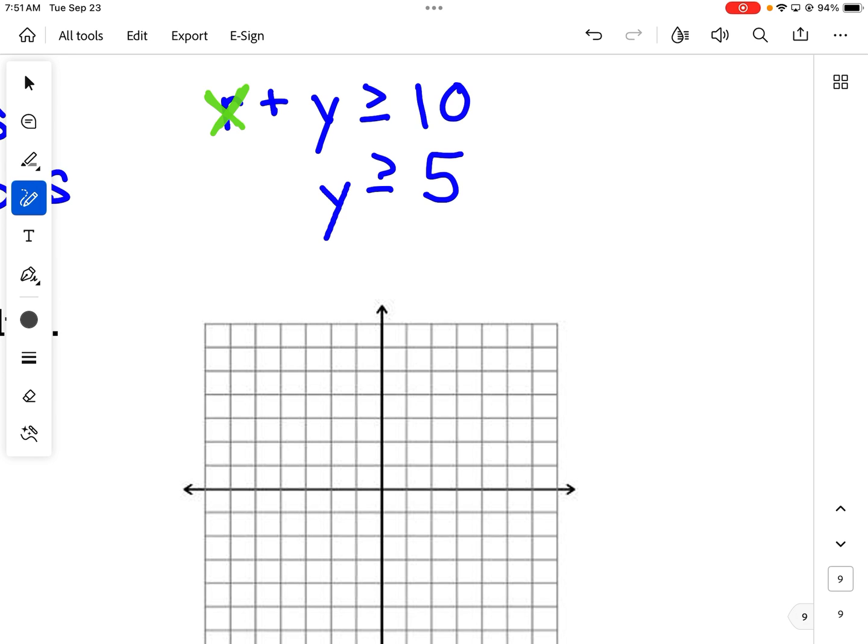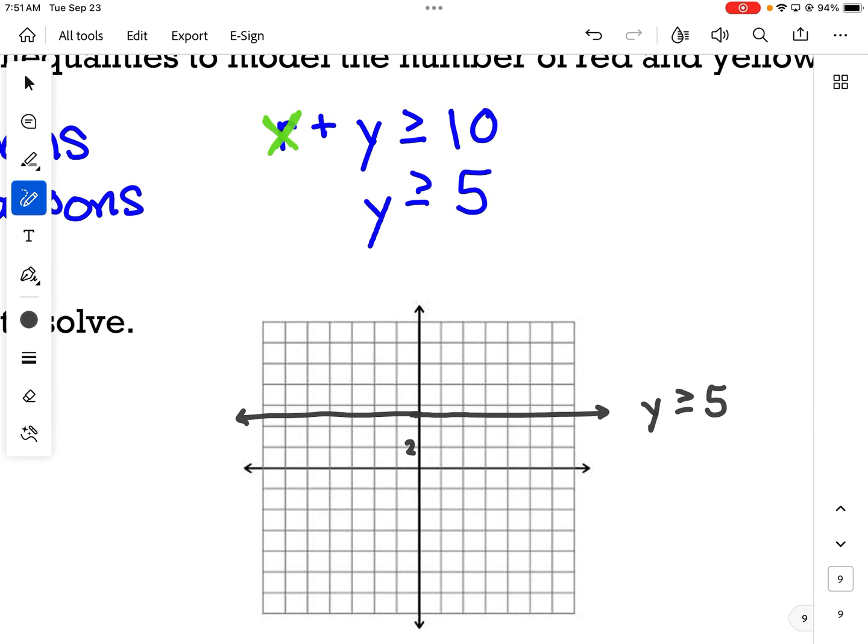Okay, so if it says y is greater than or equal to 5, I need to go to 5. So I'm going to go by 2's. 2, 4, 5. Draw yourself a horizontal line for y is greater than or equal to 5.